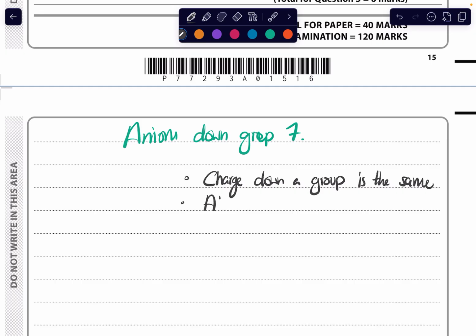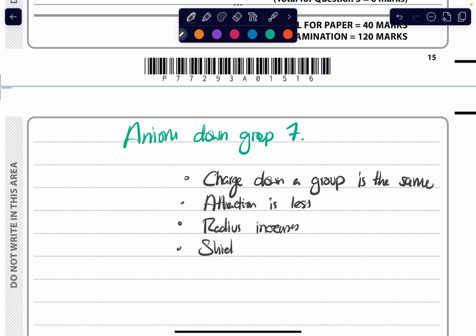The attraction is going to be less. The radius increases because there's less attraction. And the shielding increases down the group.